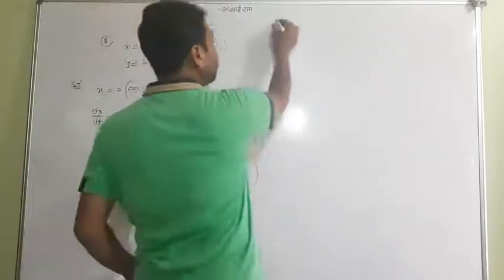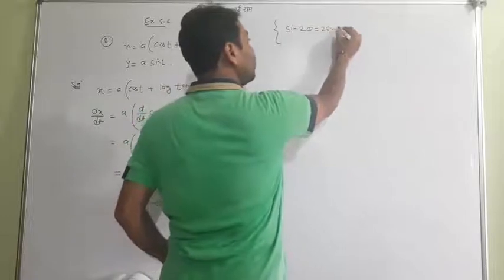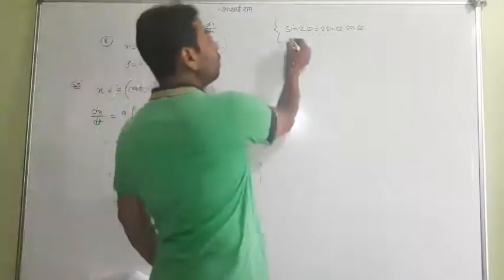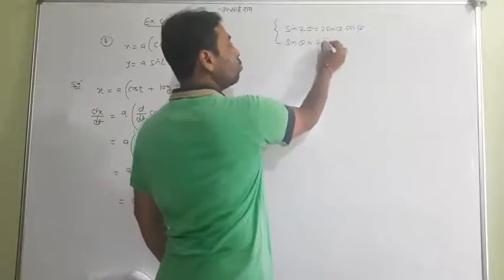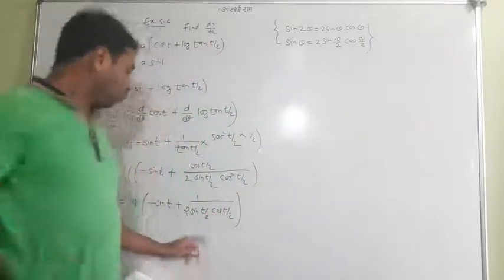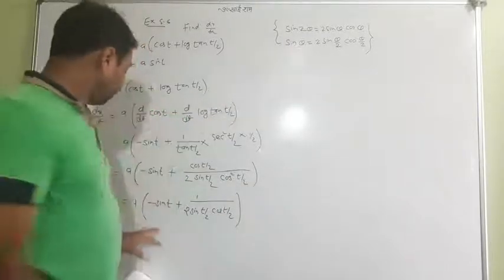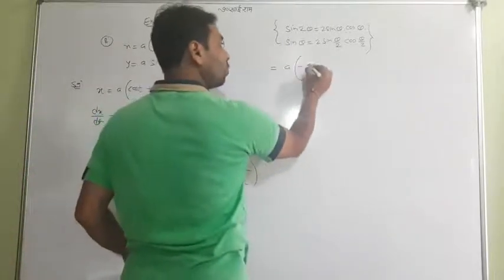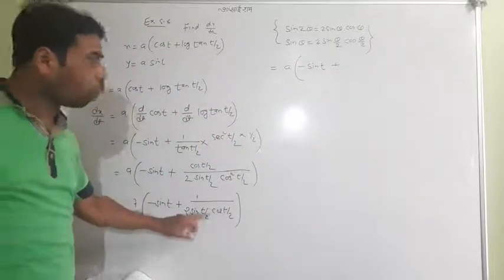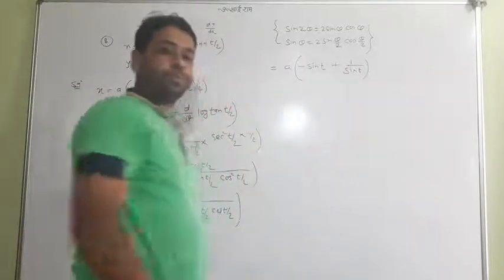If you remember, we had the formula sin 2 theta equals 2 sin theta cos theta, by which we can create the half angle formula: sin theta equals 2 sin theta by 2 cos theta by 2. Look at the term 2 sin theta by 2 cos theta by 2, which is actually sin theta. So the whole answer will be minus sin t plus 1 upon this whole, which is sin t. So we have got 1 upon sin t.